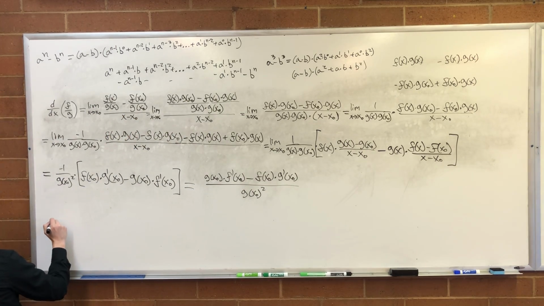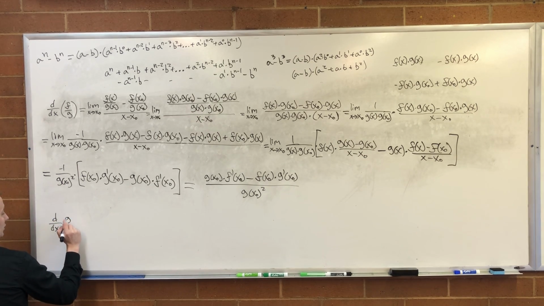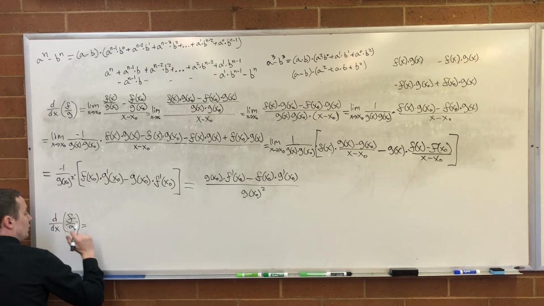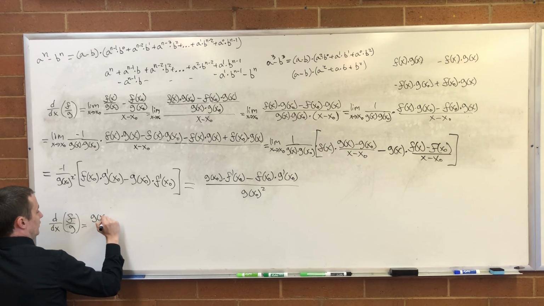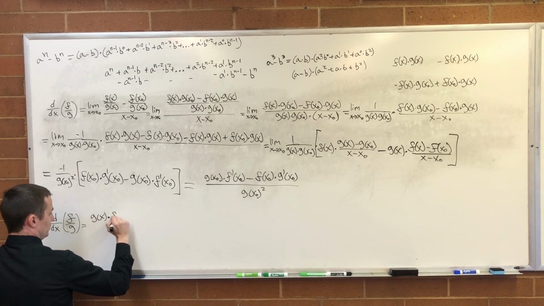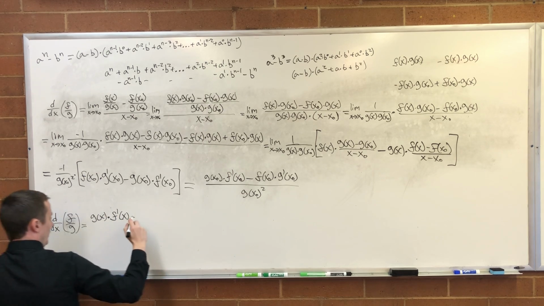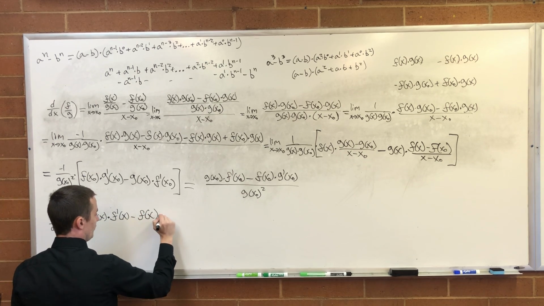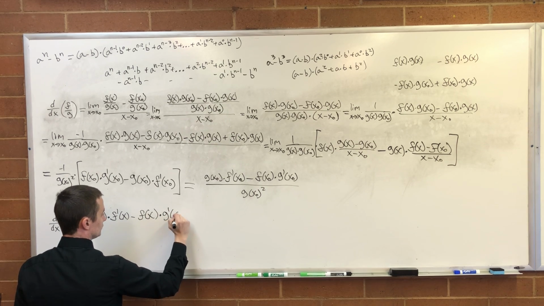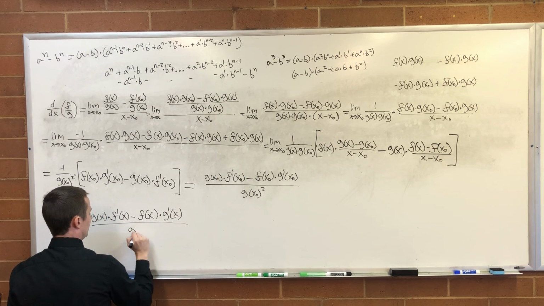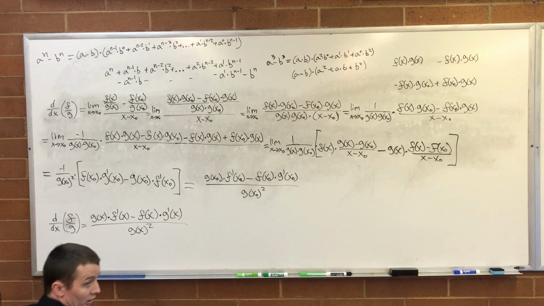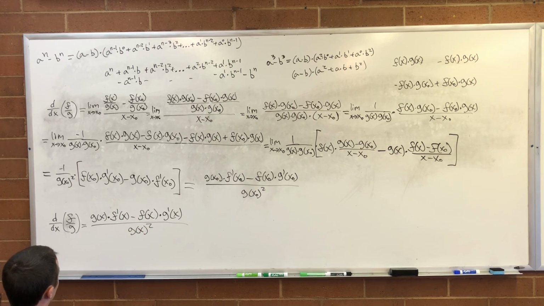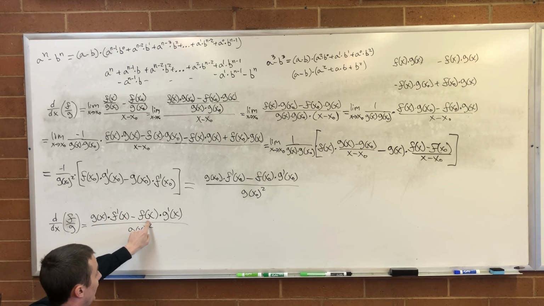So, the derivative with respect to x of f over g is equal to the bottom function times the derivative of the top minus the top times the derivative of the bottom, all over the bottom function squared. Little mnemonic device that a lot of people use to memorize this: low d high minus high d low.